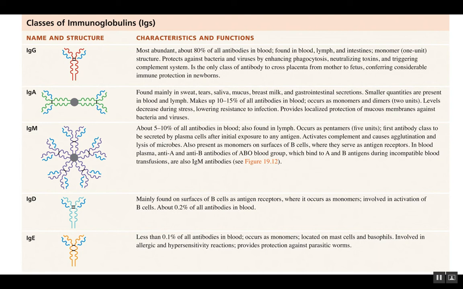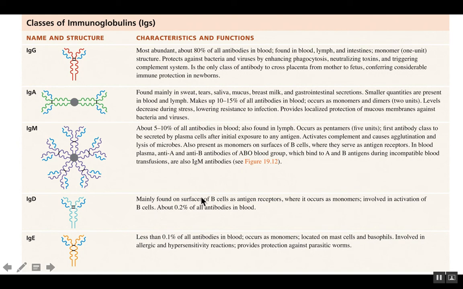The other thing I want you to remember is, back when we were doing blood typing, we were talking about the problem when the recipient can make antibodies against the donor's antigens. Well, those antibodies are actually IgM antibodies. So the anti-A and the anti-B antibodies that determine blood compatibility are these larger pentamers.